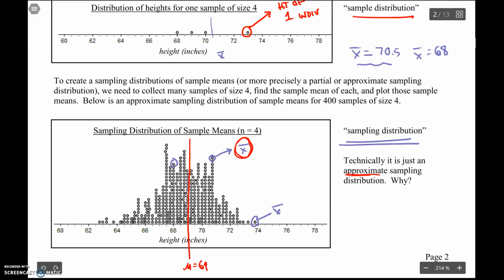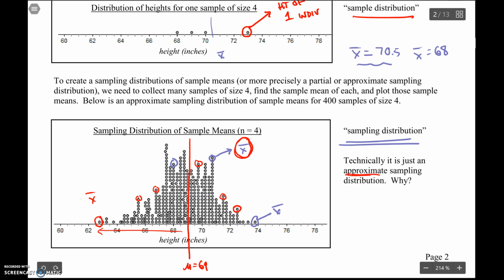As you can see, these estimators, these sample means, vary around that true mean. I might get close, I might get lucky, I might get a couple of tall people and have an overestimate, or I might have some shorter people and get quite a low estimate for my X bar.